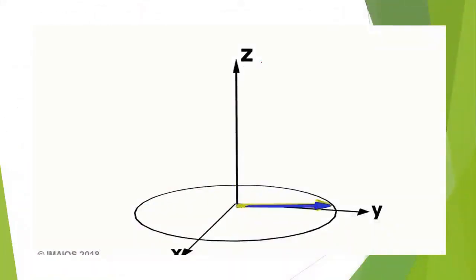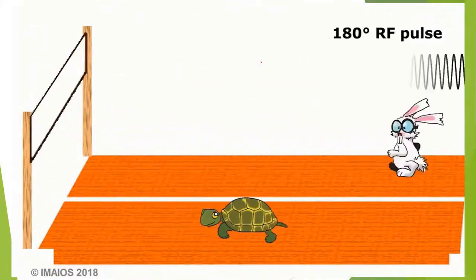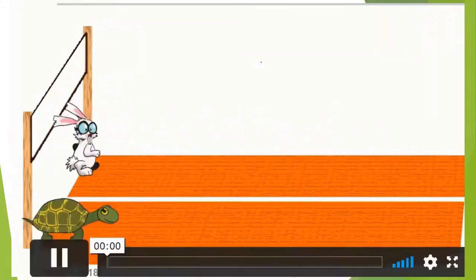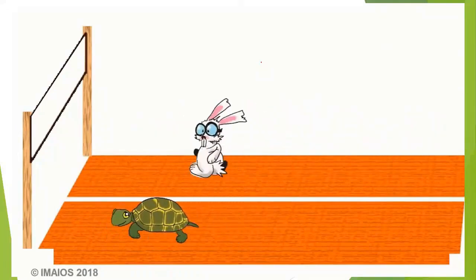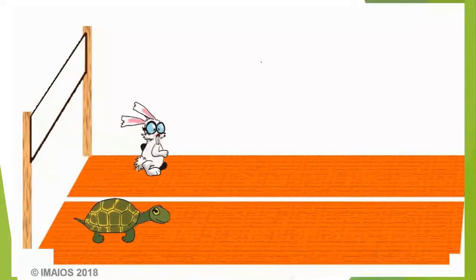See what this is? Here is the rabbit. This rabbit was the first one, the first proton that raced with me in the dephasing. And the turtle, or whatever it's called.